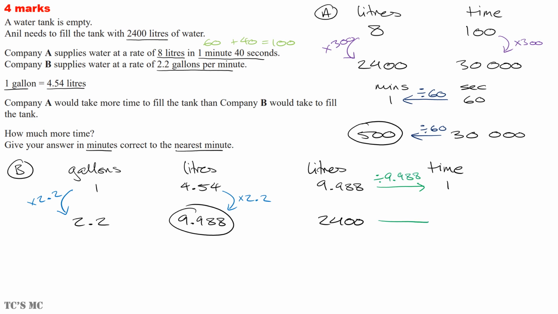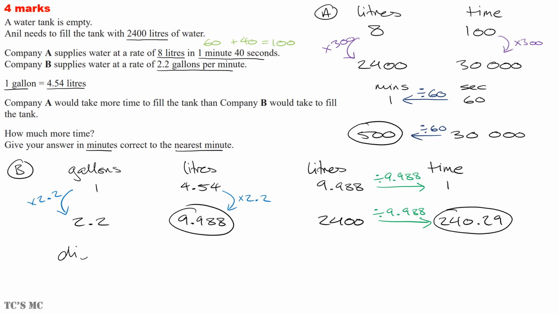We must do the same over here. The calculator gives a long answer. I am going to round it and say 240.29. That means it takes Company B 240.29 minutes. That is our third mark.